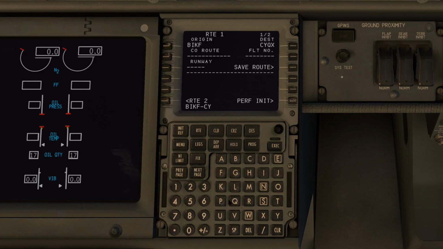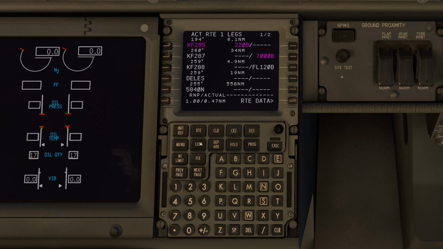We enter the company route and we activate, and then we have all the waypoints nicely put in till the ELSIR. That was our last, so we still need to plan for the arrival.